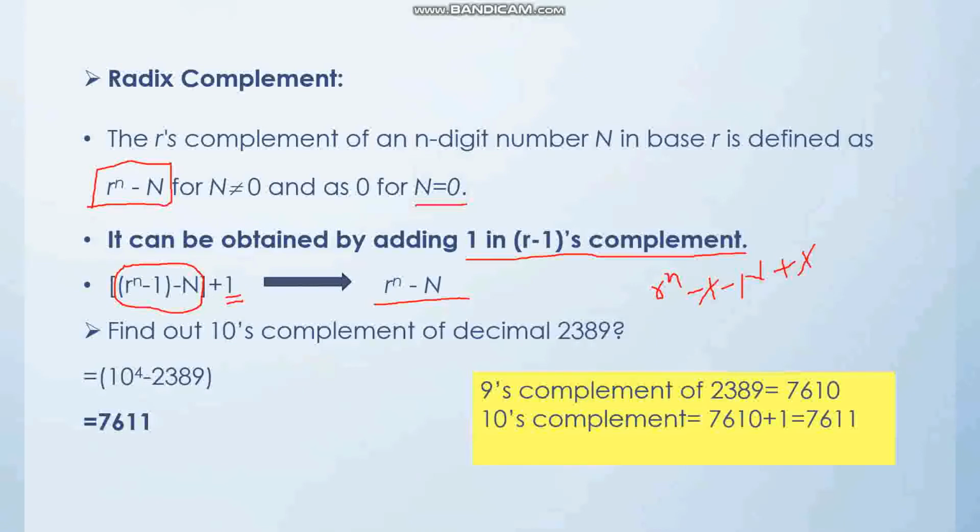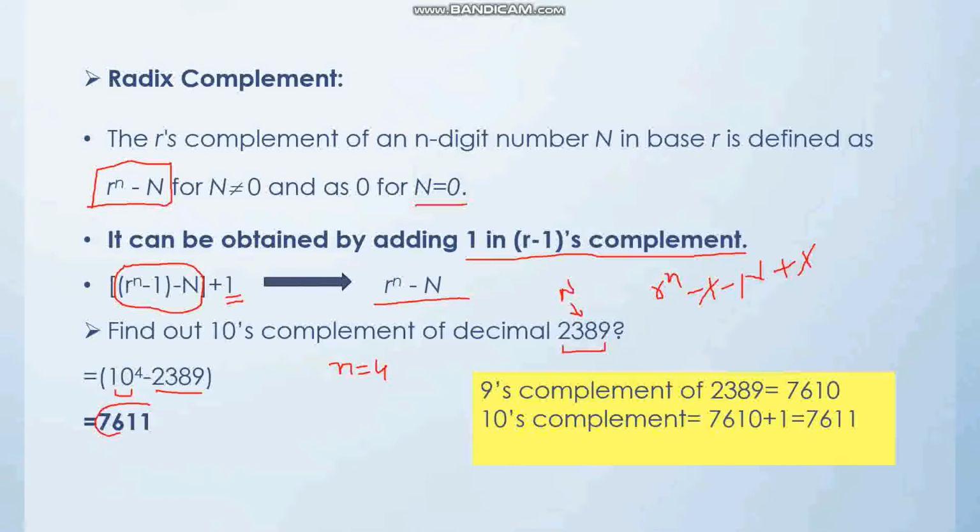So let's take an example. Find out tens complement of decimal 2389. What is the formula? R raised to the power n. How many digits are in this? 4, so the value of small n is 4. So r raised to the power n, 10 raised to the power 4, minus the actual number, the capital N. So what do we get? 7611.